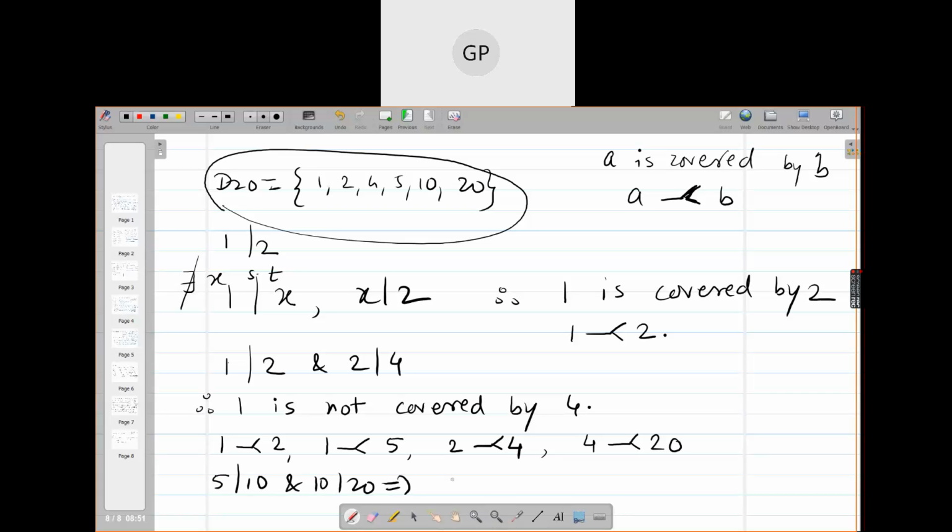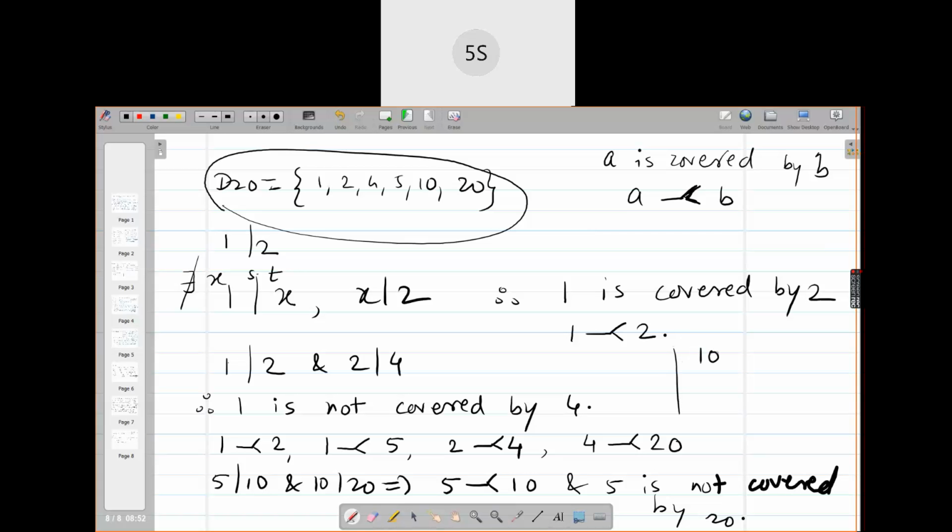So that implies 5 is covered by 10 and 5 is not covered by 20. There is nothing between 5 and 10, but between 5 and 20 there is 10, which 5 divides and which divides 20. Is that okay, girls? Yes, ma'am.